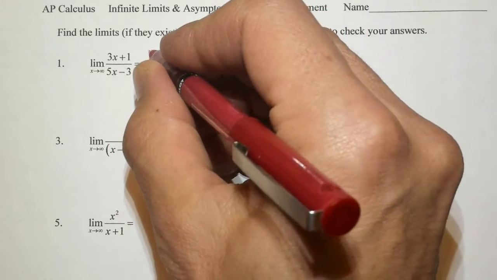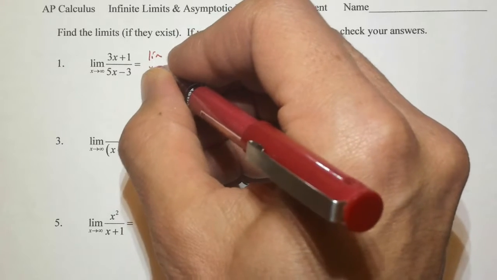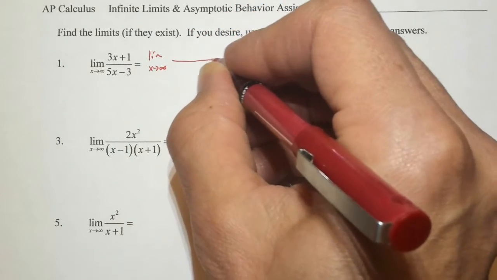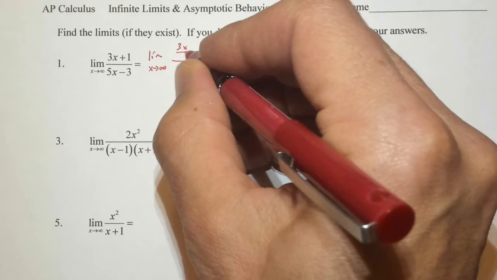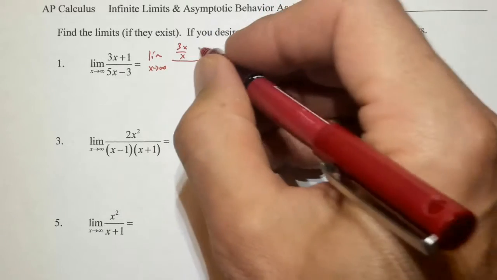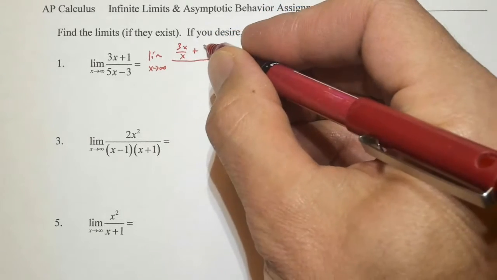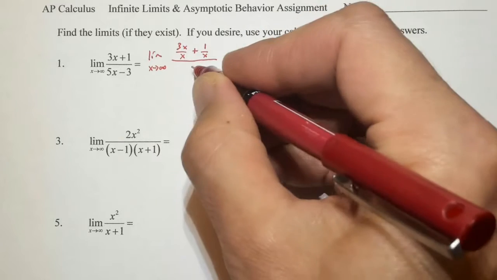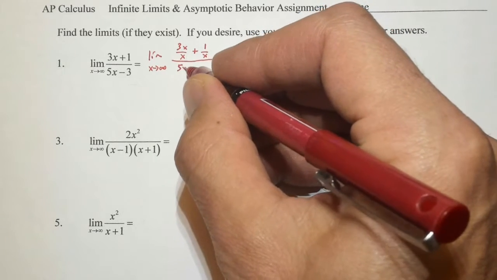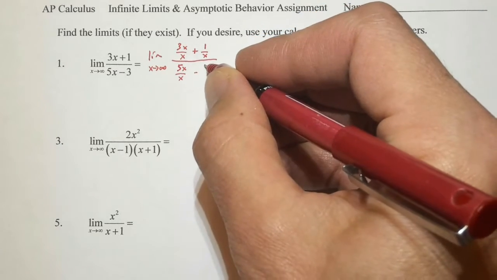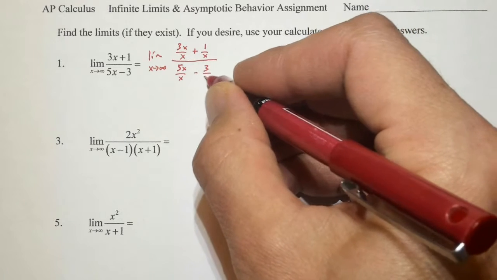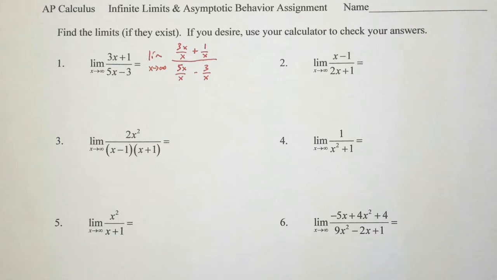All right, so if we do that, we have the limit as x approaches infinity still, and we'll have 3x over x plus 1 over x in the numerator, and then 5x over x minus 3 over x in the denominator.